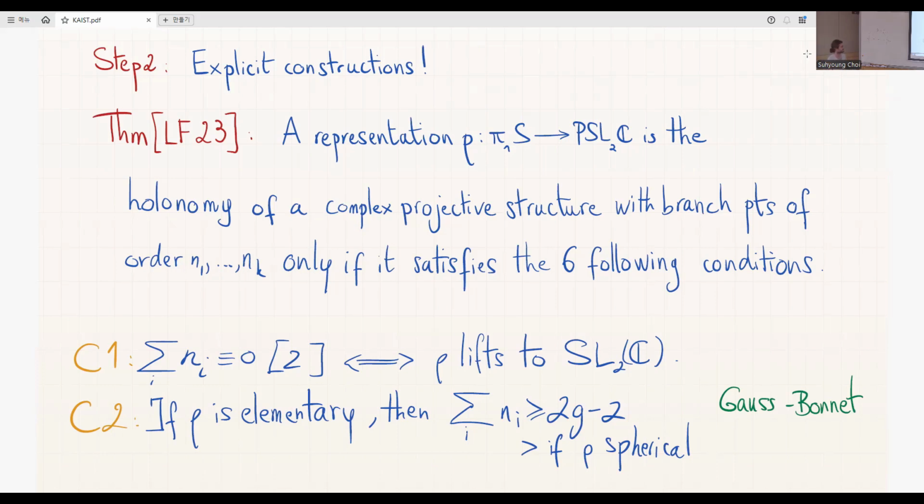It's not complicated, it's just long. For example, the first one is that the parity of the sum of the ni tells you whether your representation lifts to SL2 or not. And the second is that if your representation is elementary, then the sum of the ni must be big enough. This is just because of the Gauss-Bonnet theorem.